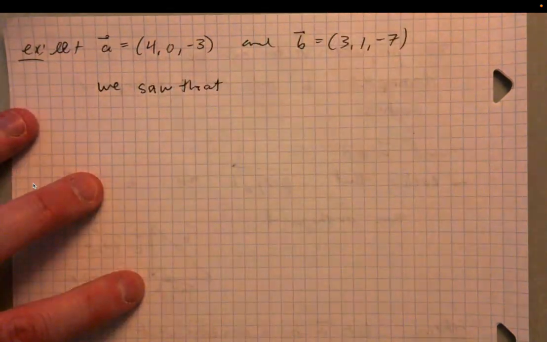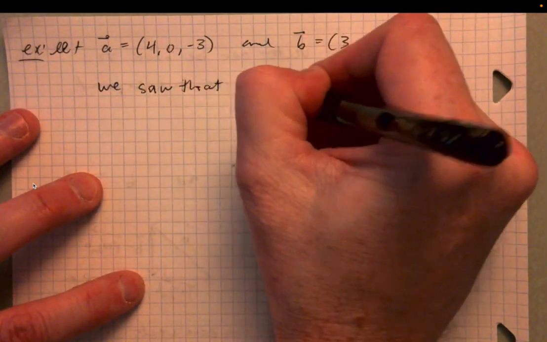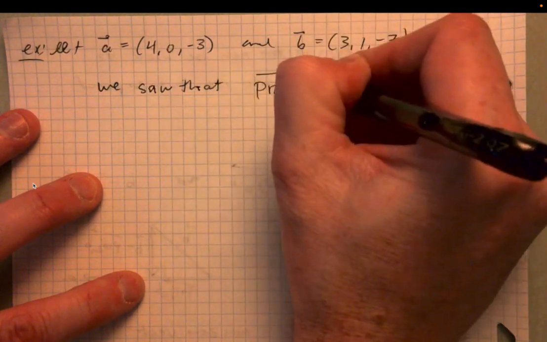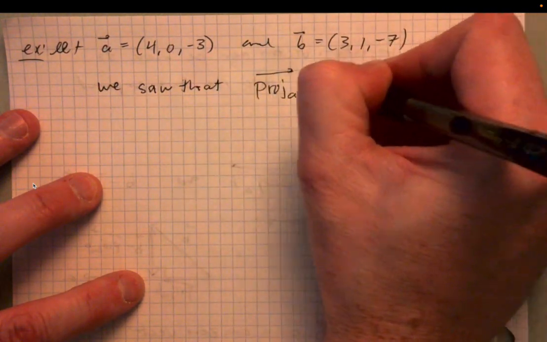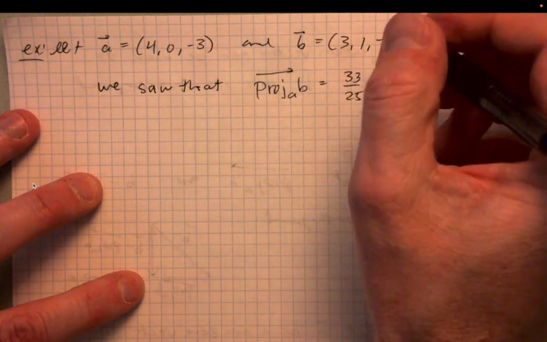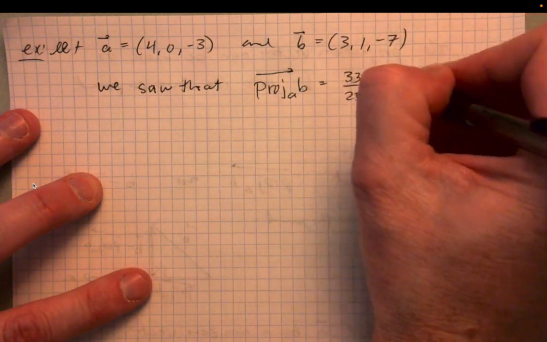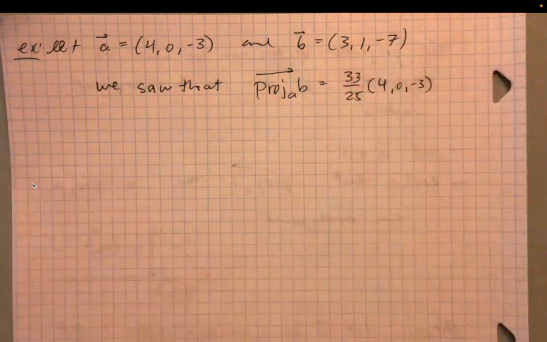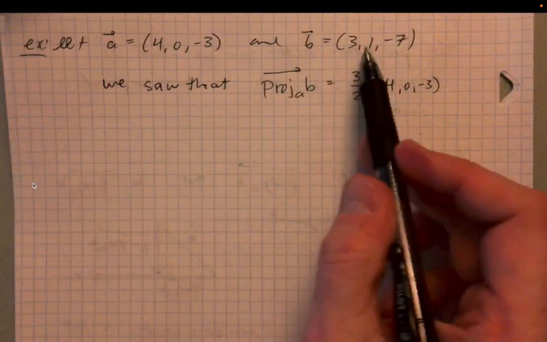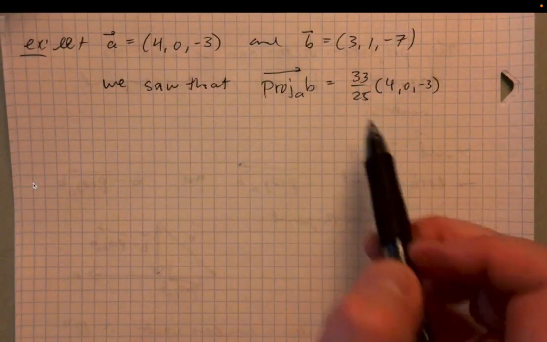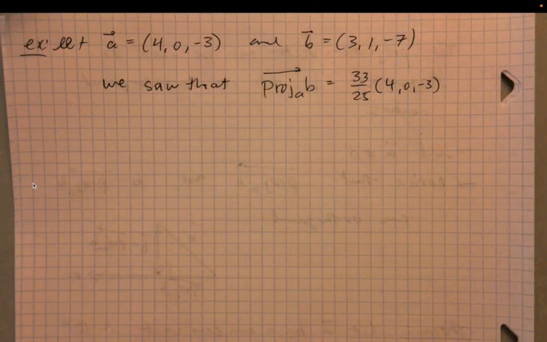Previously, we saw that the projection of B onto A was equal to 33 over 25 times 4, 0, negative 3. So if I take this vector B and I project it onto A, this is the projection. So let's break it down and identify the orthogonal component to the projection.